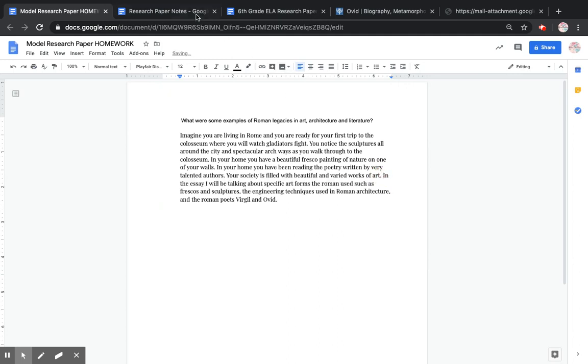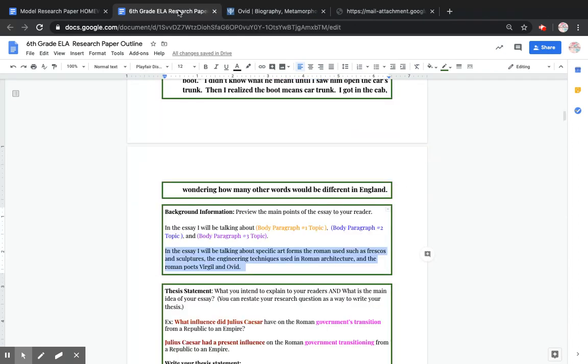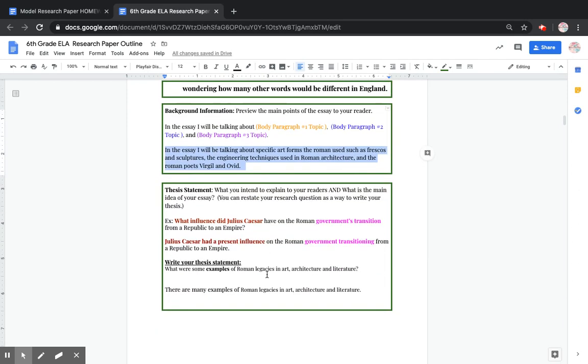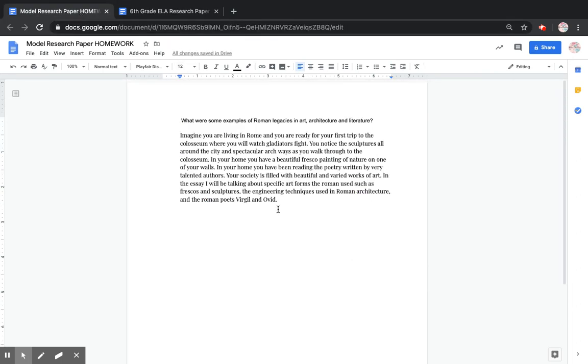Put a space there. I no longer need my notes, so I'm just going to close out of that. And I don't need this or this, so I'm just going to focus on my two tabs right here and go back and forth. Now I'm going to grab my thesis statement. My thesis statement is, there are many examples of Roman legacies in art, architecture, and literature.